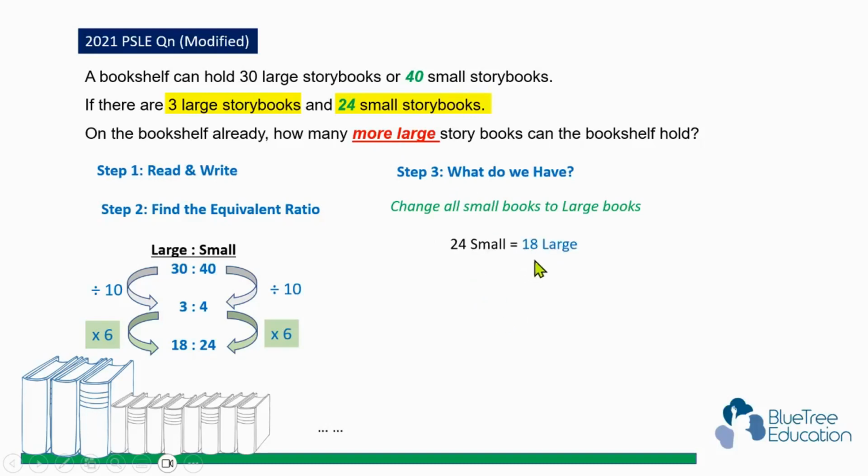So there are 24 small equals to 18 large. And on the shelf, there's already 3 large. So therefore, 30 large will subtract the 3 actual large, and the 24 was converted into 18 large. And we can only put on another 19 large books.